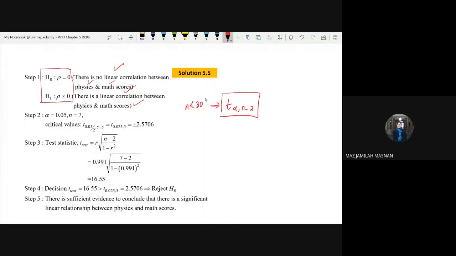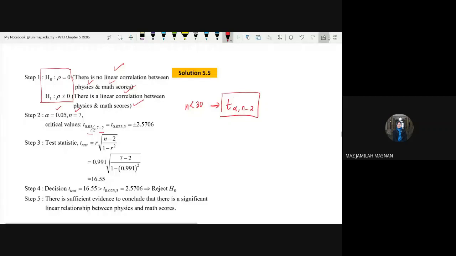So given our alpha 0.05, our n equal to 7, our critical value would be t of 0.05 divided by 2, 7 minus 2, which is t 0.025 with 5 degrees of freedom.